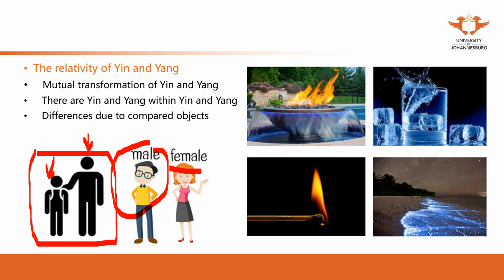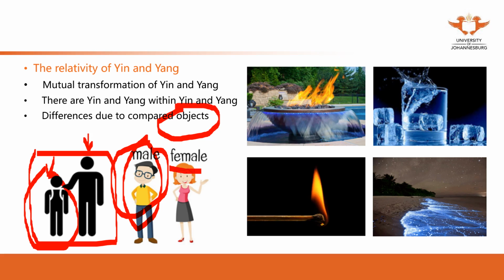So when you compare here, you will see that this male is yang, however, this kid is yin, but both of them are male. So the yin and yang of specific objects will be determined by the objects that you are comparing. So these are the relativities of yin and yang.